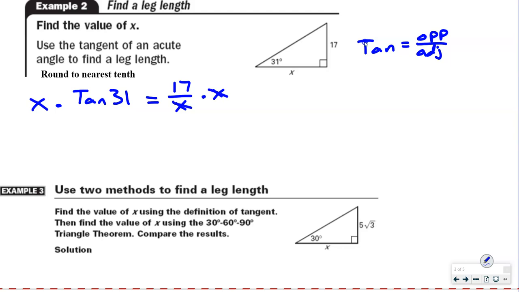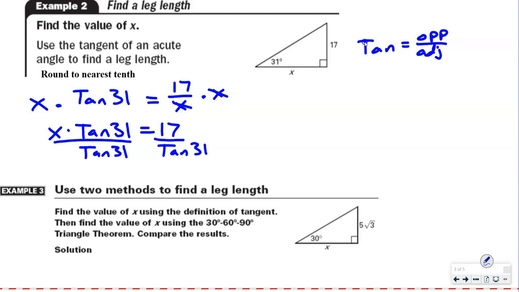That's going to cancel my x's out on the right, and now I have x times tangent 31 equals 17. And now I can actually get x by itself by dividing tangent 31 on both sides. So that gives me x equals 17 over tangent 31.